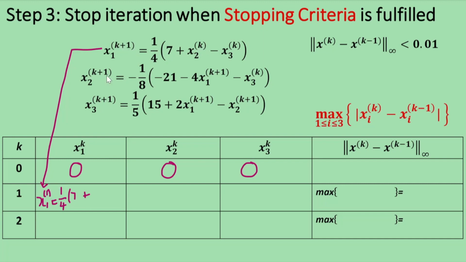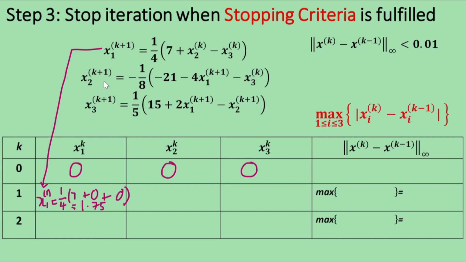Because this is 1, so k is 0. x2 of 0 is 0 plus x3 of 0 is 0. Now this is quite easy. What you do is you take the latest value of x2 and x3 that we have here. So the latest values of x2 and x3 are zeros. And this gives us 1.75.